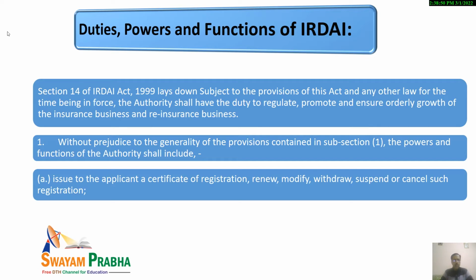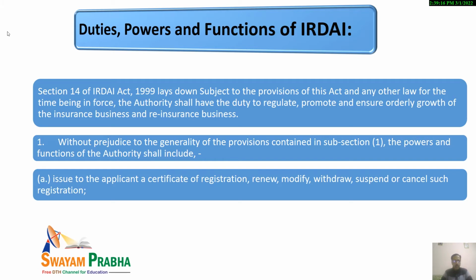So first of all, in case some company wants to enter the insurance business: as you know, in case of the Companies Act 2013, the certificate of incorporation for companies is granted by the registrar of companies. I think it is very clear to you.